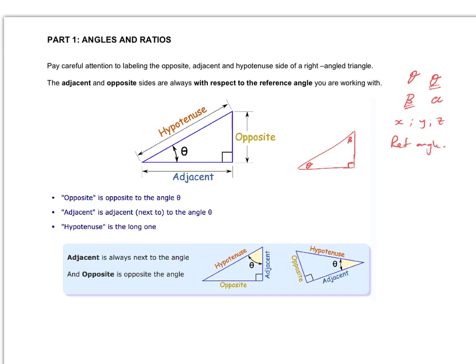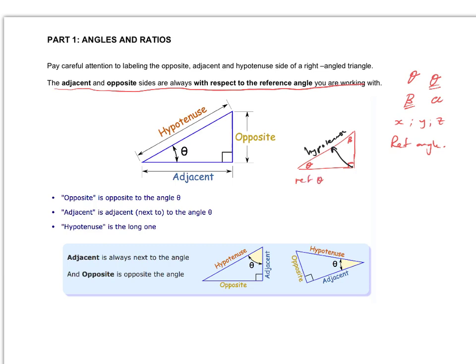You'll say the adjacent and opposite sides are always with respect to the reference angle that you're working at. How this works is the longer side of a triangle will always be the hypotenuse. The hypotenuse of a right angle triangle is the side opposite the 90-degree angle. So that's called the hypotenuse. Then the reference angle. Say, for example, my reference angle is theta.